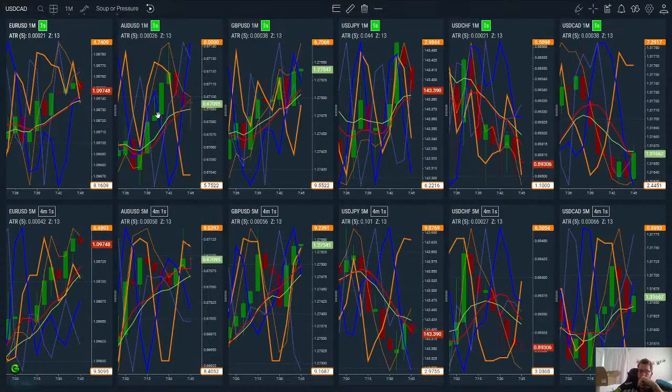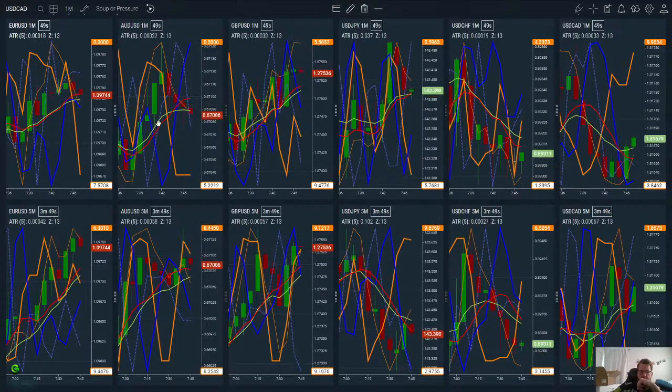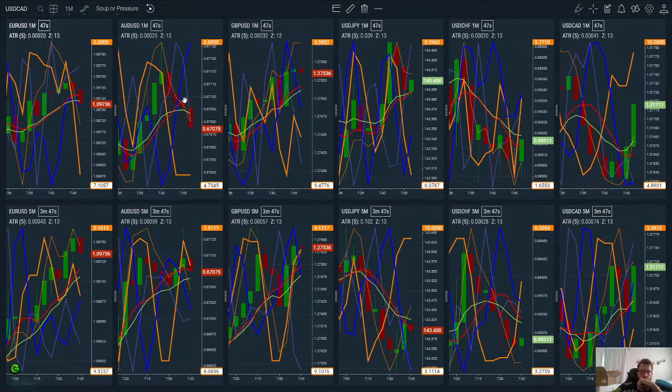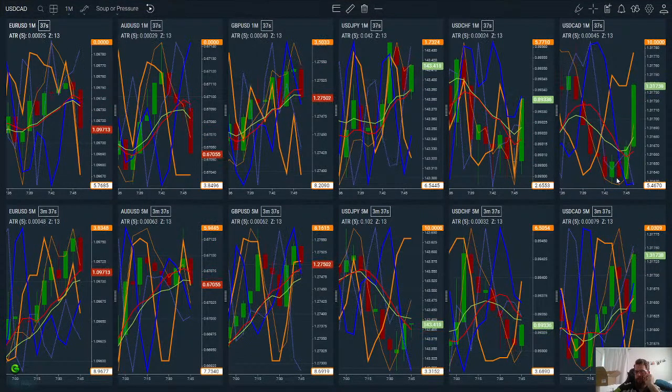We're watching how the price action interacts with the pressure, which is this indicator right here. And all these other lines are just indicators showing where it could go. This is actually a possible trade right here.